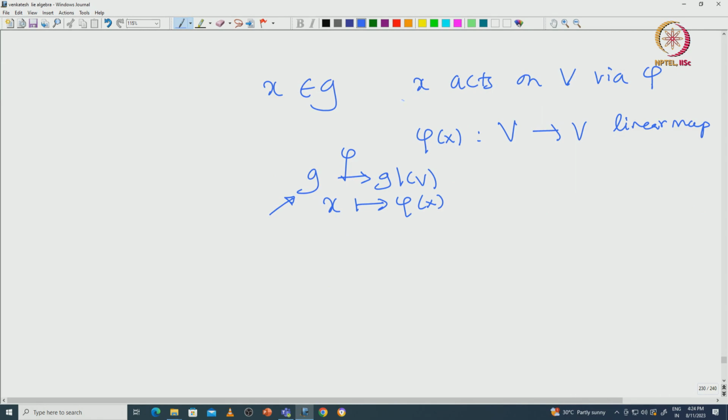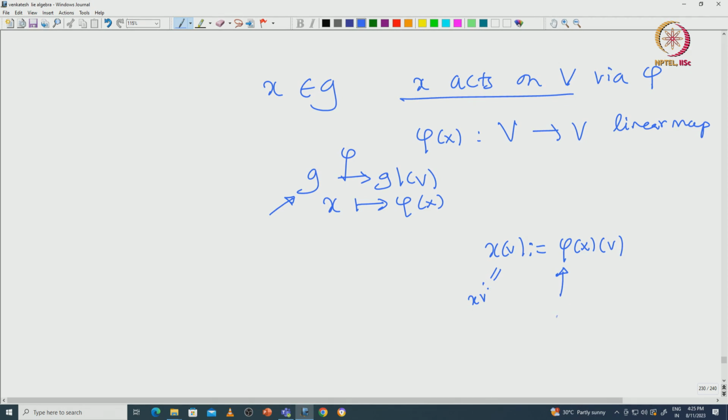So, each x acts on V. In particular, we can talk about x acting on v. Simply this means, we use the shorthand notation either x of v or xv, which just denotes what phi of x does on v. Most of the time we will not tell very explicitly what this phi is.